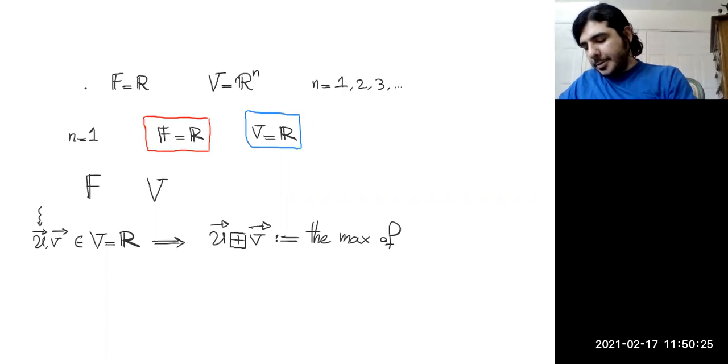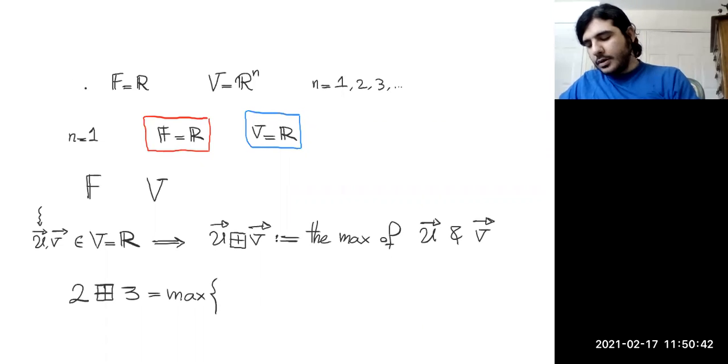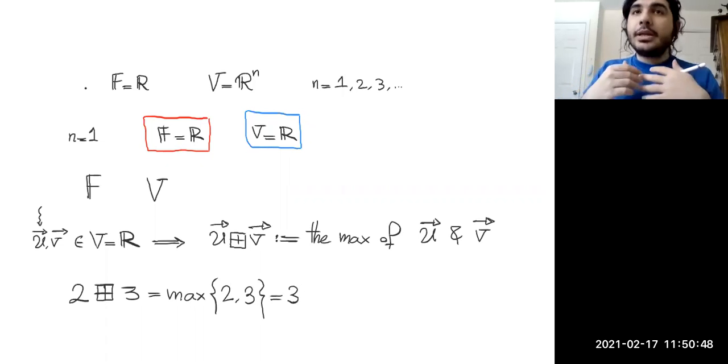So I would define it to be the max of u and v. So for example here, 2 square-plus 3 would be just the max of 2 and 3, which is 3, right? That would be my addition.